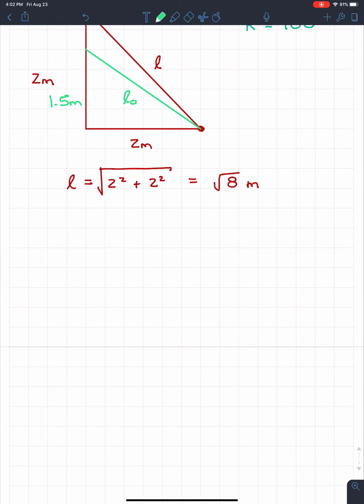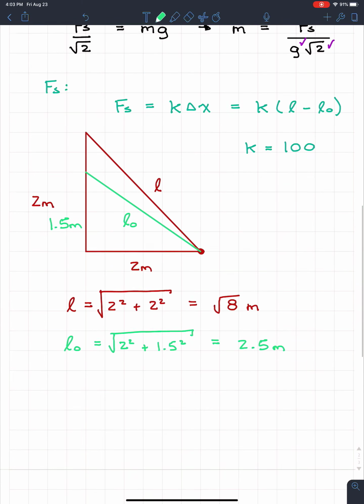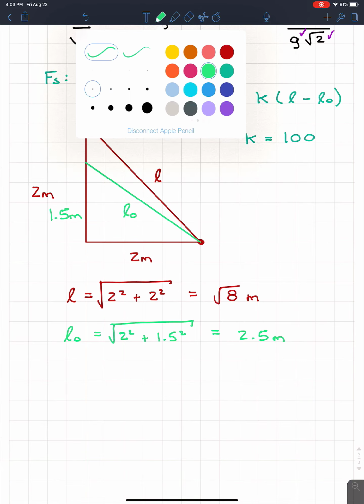L naught is equal to the square root of 2 squared, since the horizontal component doesn't change but the vertical one does, plus 1.5 squared. And what I get here is that this one is equal to 2.5 meters.